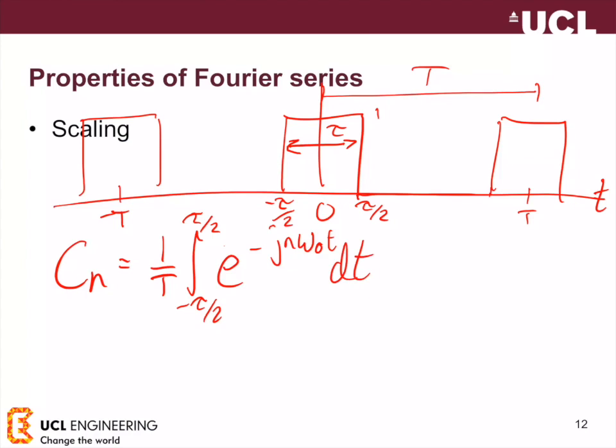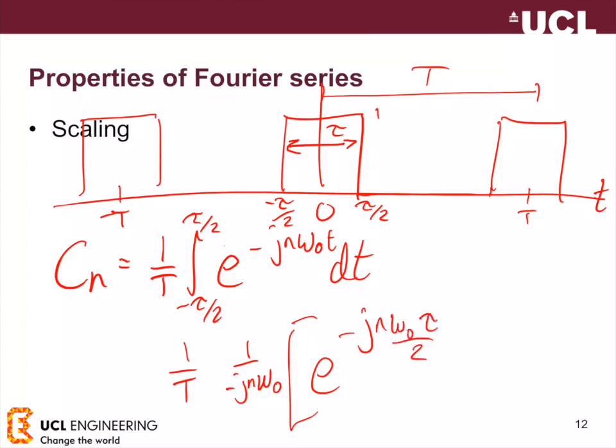And that's going to be our integral to look at. So if we go through that integration, we end up with 1 on T, 1 over minus j n omega naught, e to the minus j n omega naught tau on 2 minus e to the j n omega naught tau on 2.